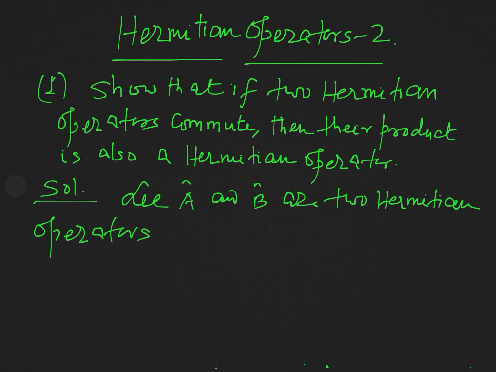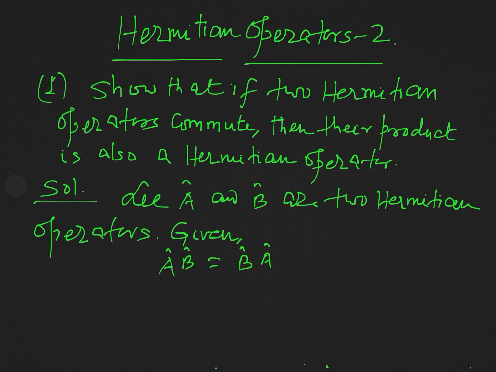And as the problem says, these two operators commute. What does it mean? Then we have given that A hat B hat is equal to B hat A hat, as the operators commute.